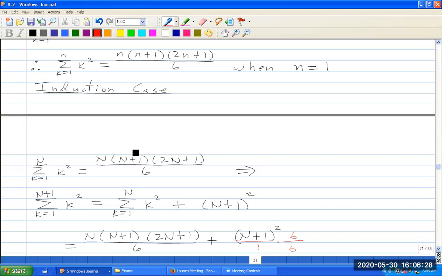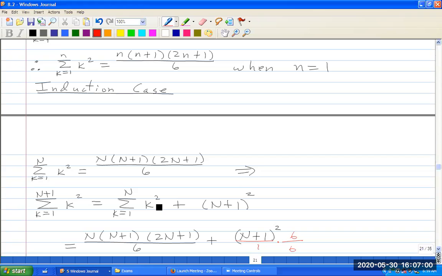And so, if the sum k equal 1 to n of k squared is n times n plus 1, 2n plus 1 over 6, then the sum k equal 1 to n plus 1 of k squared is going to be the sum of the first n terms plus the last term. And so replacing k here by n plus 1, I get an n plus 1 squared.